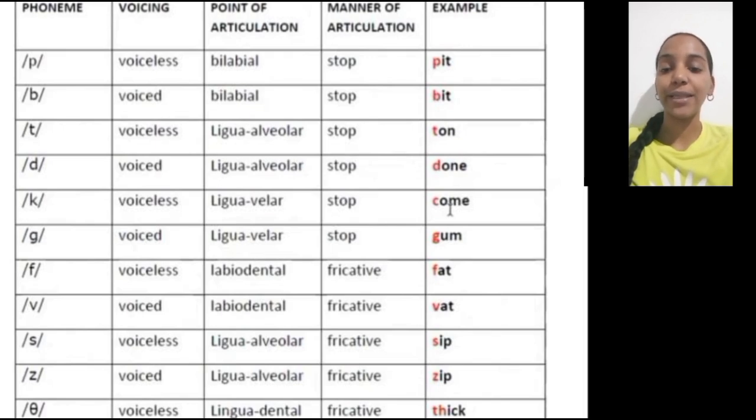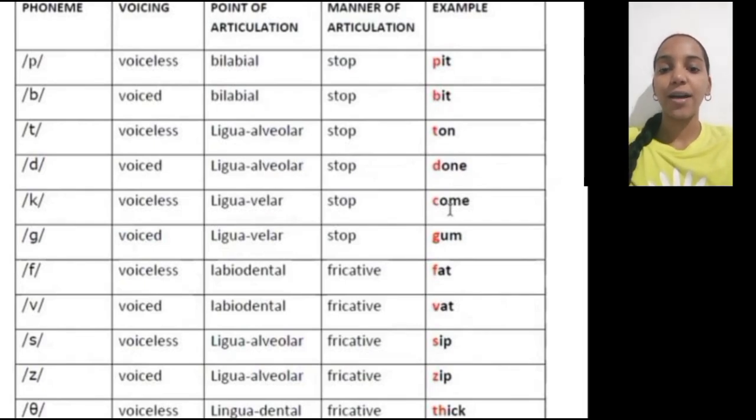Then we have the phoneme t, which is voiceless, alveolar because the tongue touches the alveolar ridge. It is also a stop, and an example is tone. Then we have d, which is voiced, alveolar, a stop, and an example is done.